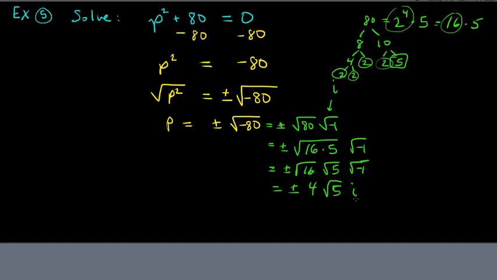We can also put the i in front, not in front of the 4, but in front of the square root. So I would prefer to put plus or minus 4i and then the square root of 5. But either way is fine. If you leave the i at the end here, I'm okay with that too.